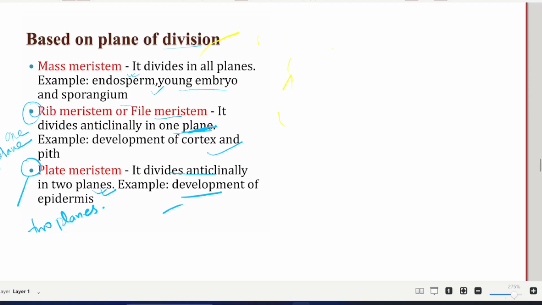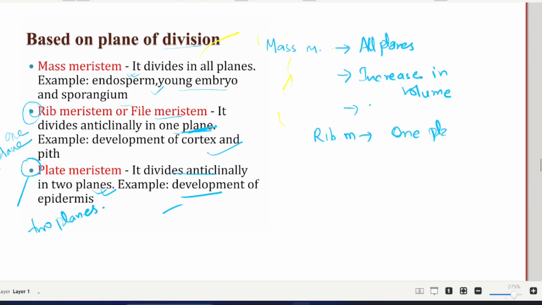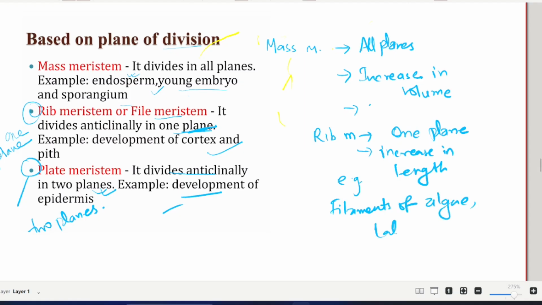In case of mass meristem, the division is in all planes, and in terms of function, it helps to increase volume. The third one is the rib meristem, which divides in one plane and helps in the increase in length, for example in the filaments of algae and lateral roots.